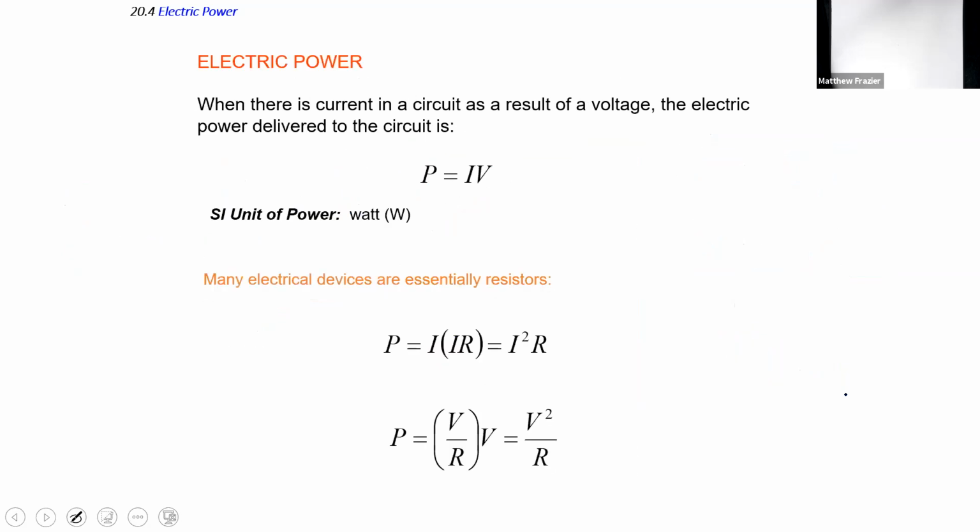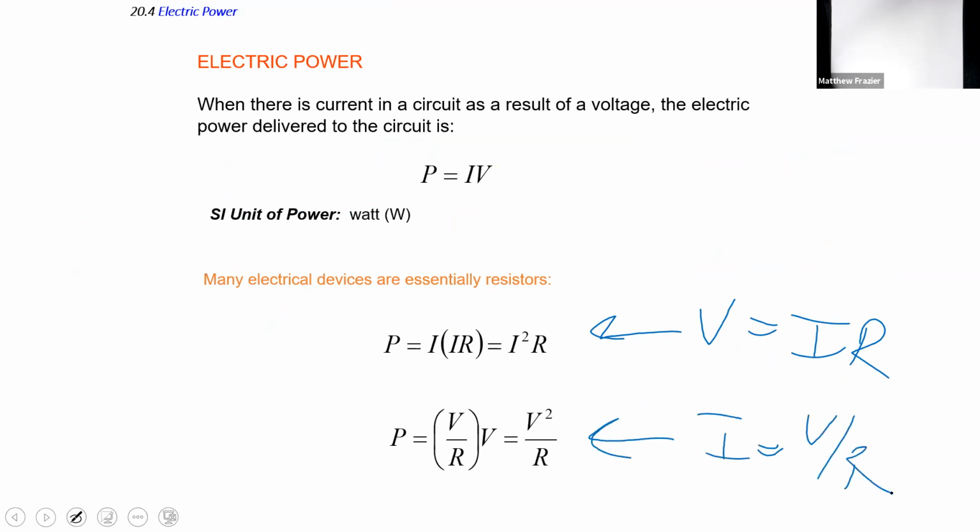The other forms we can take is by replacing one of the terms with its equivalent from Ohm's law. Here we're replacing voltage, and here we're replacing current. And so we get alternate forms.